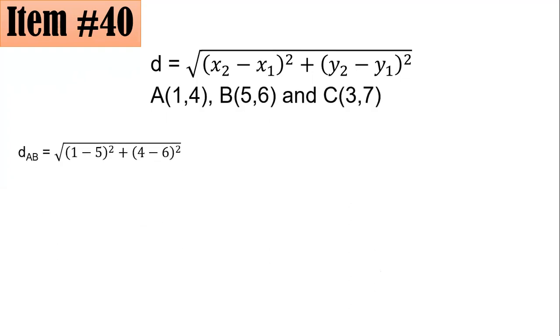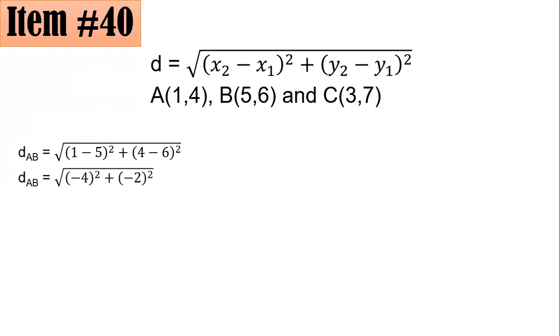And if we find the distance of AB using this formula, this is x sub 1, y sub 1. This is x sub 2, y sub 2. By plugging it in, I have the distance AB, which is equal to the square root of (1 minus 5) quantity squared plus (4 minus 6) quantity squared.